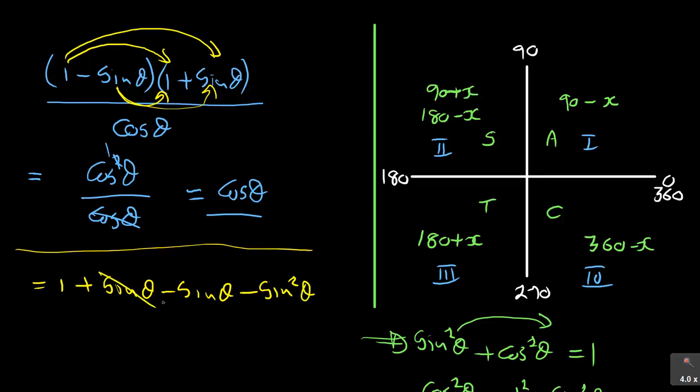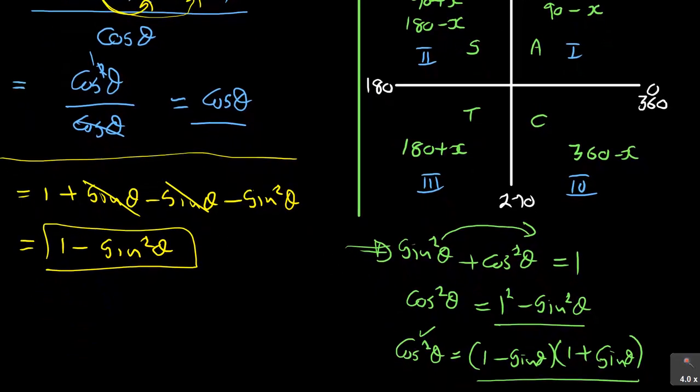So plus sine theta minus sine theta goes, and then you've got 1 minus sine squared theta, and we did get this earlier. So at the end of the day, it will lead you to that.